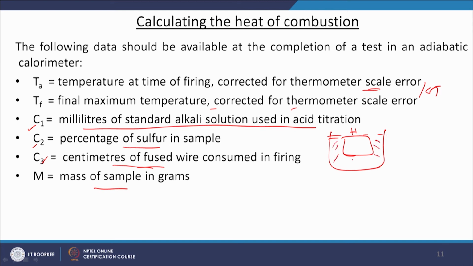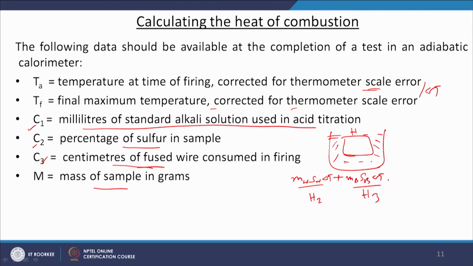If we have mass of water mw, with specific heat SW and temperature rise del T, then the heat taken up by the water is mw SW del T, plus the heat taken up by the bomb material, mB SB del T. This is the heat H2, H3 taken up by these two, that is, the water and the bomb material.